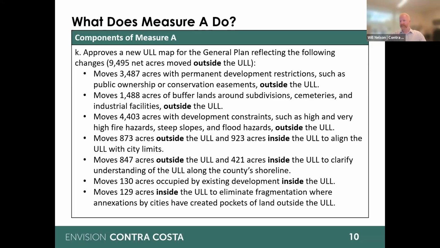So there's 130 acres moving inside for that, and 129 moving inside because of changes that have happened over the years. Annexations by different cities have created some unusual little fragments and pockets in the line, and it doesn't really make sense to have them outside the line anymore when it's an area completely surrounded by land inside the line.